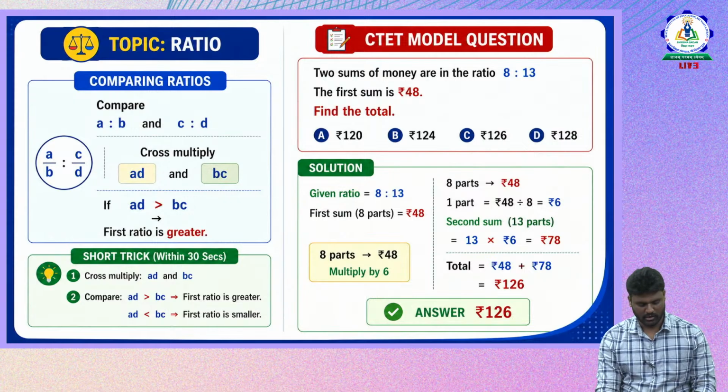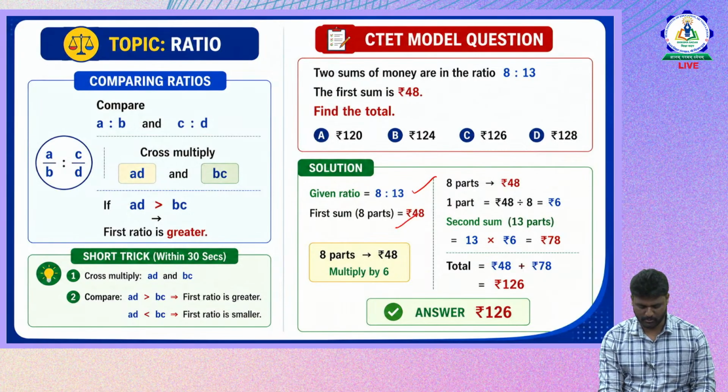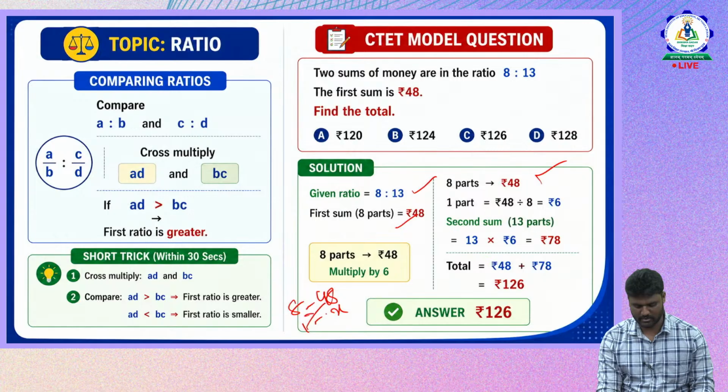Now what is the given ratio here? 8 is to 13. What is the first sum? 8 parts are given as 48. So if 8 parts are 48, then what will be one part? If you do cross multiplication, we'll get 6 rupees.